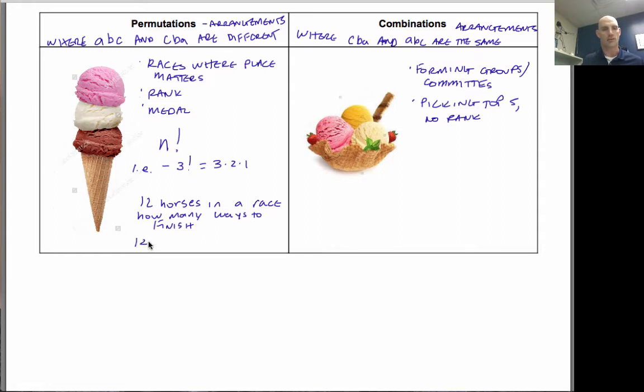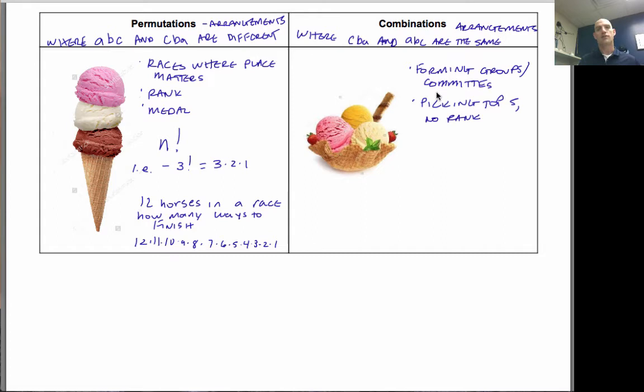Well, there could be 12. After that first horse finishes, how many options are there for second place? There's 11. Those 2 are done. How many options for third? 10 times 9 times 8 times 7 times 6 times 5 times 4 times 3 times 2 times 1. As they finish, there's fewer options for who could come in that place, because the first place horse doesn't circle back around. It could come in 5th place also. It would be ridiculous, right?